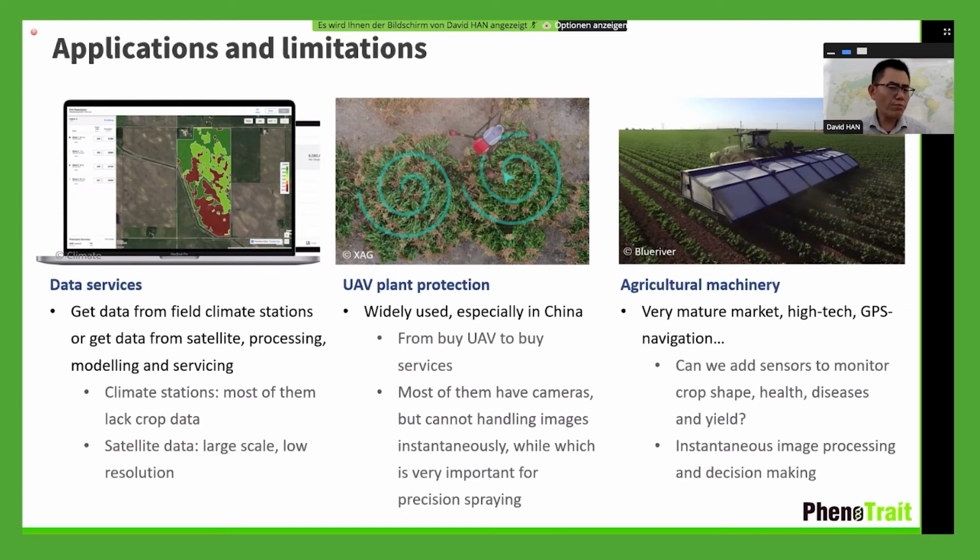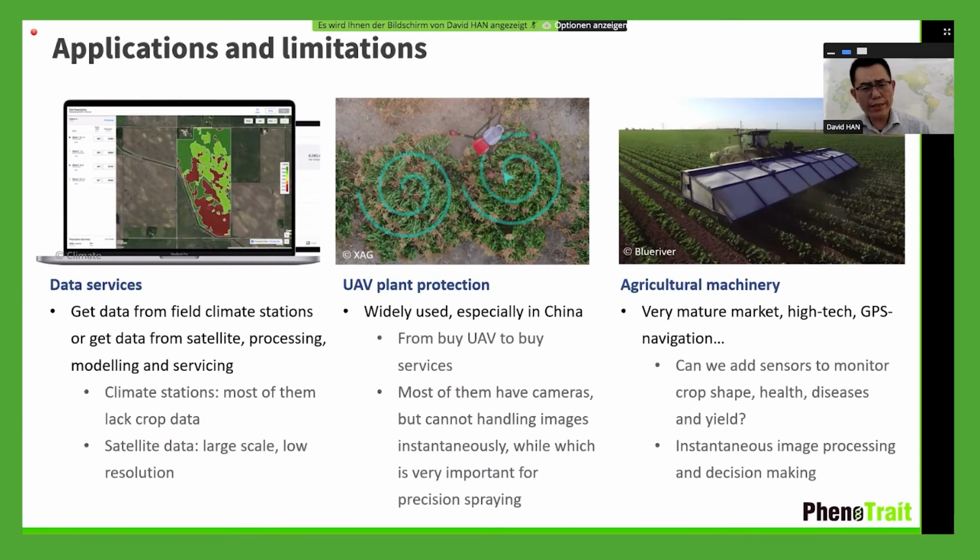Some other companies collect satellite information, process it in modeling, and do similar services. But satellite images can cover large-scale crops, but they only have very low resolution. They cannot reach the resolution we need.